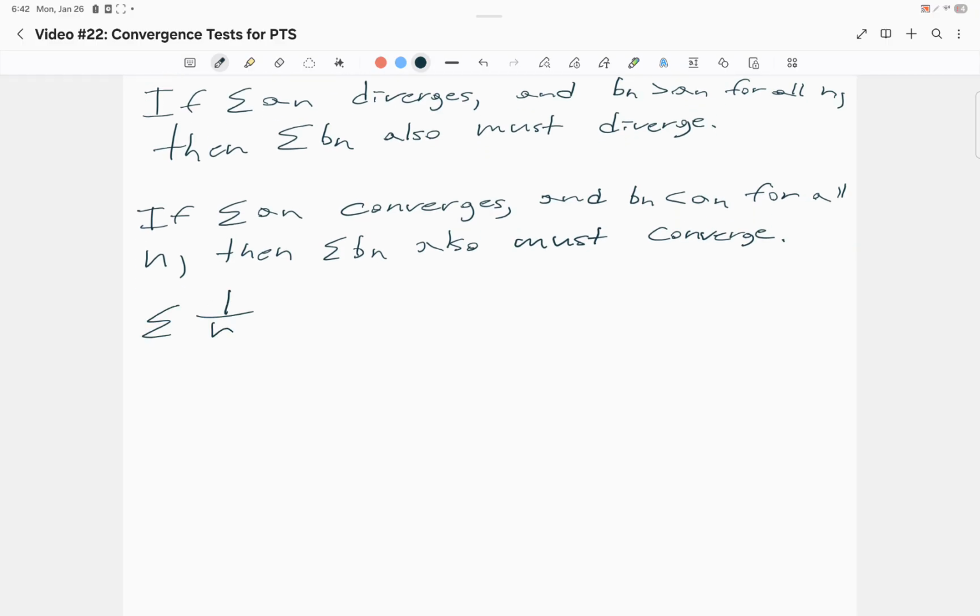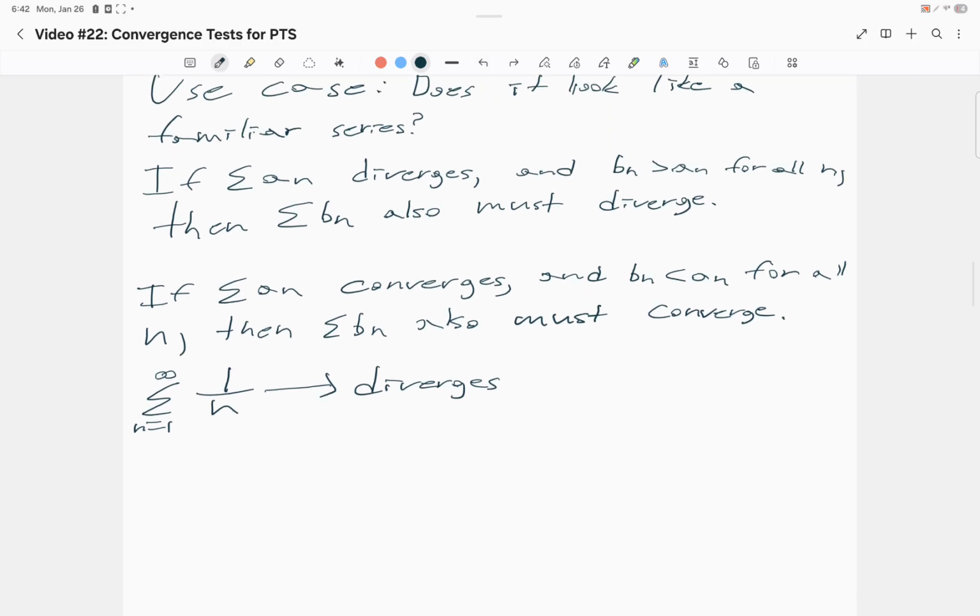A good example for this: you probably already know this, but this series that I have here, the harmonic series, diverges. I'm not going to go over the proof for that right now, but it's a well-known divergent series. So if it looks like something that we could easily compare to 1 over n, that would be a good use of this basic comparison test.